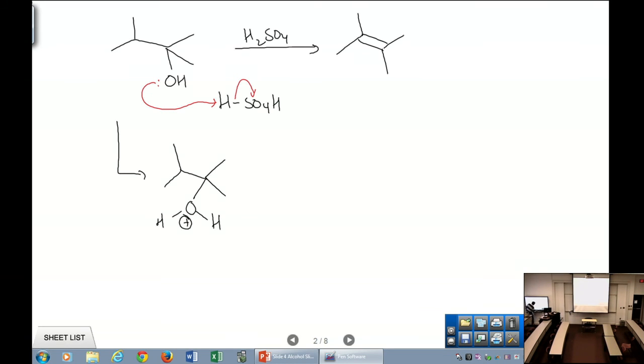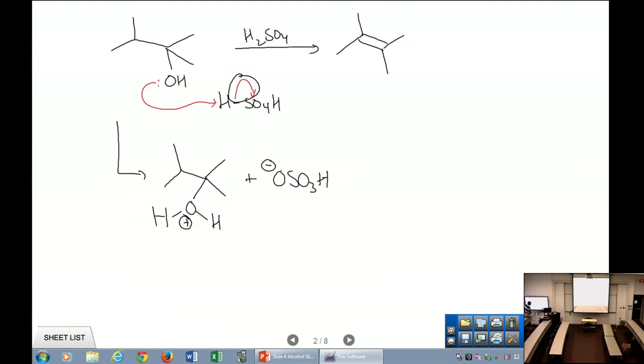My handwriting's bad-ish, but it's like extra bad with my magical computer whiteboard here. Right, and you end up making OSO3H minus. So the negative charge that you get when you push these electrons over goes onto the oxygen that hydrogen was on.